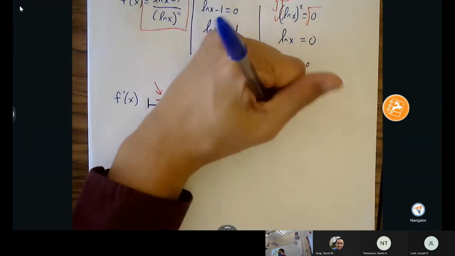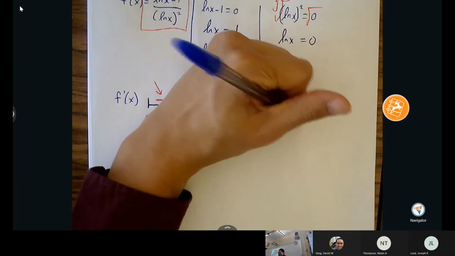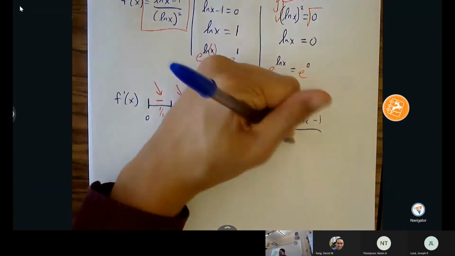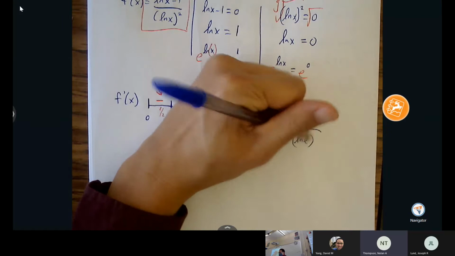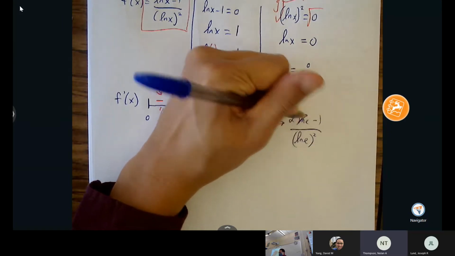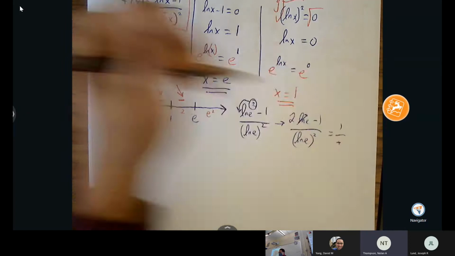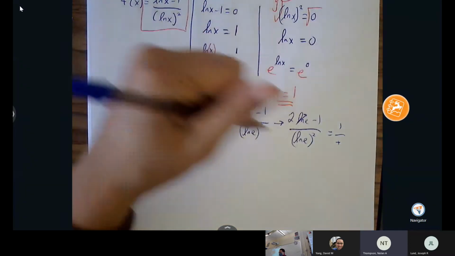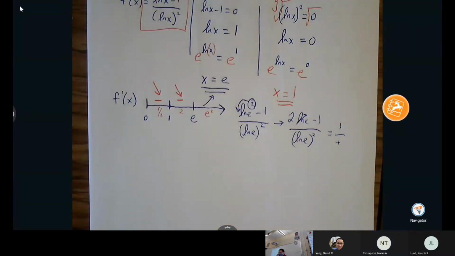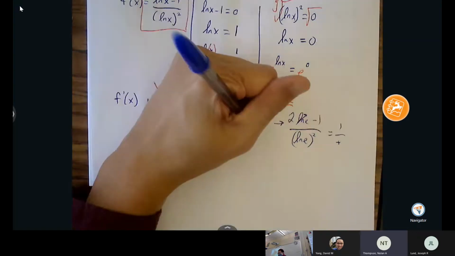So what's natural log of e? It's 1. So 2 minus 1 is 1. 1 over positive is positive. You didn't square the bottom one. We're using e squared, right? But on the bottom equation, you just used e. Oh, sorry. Yeah, you're right.